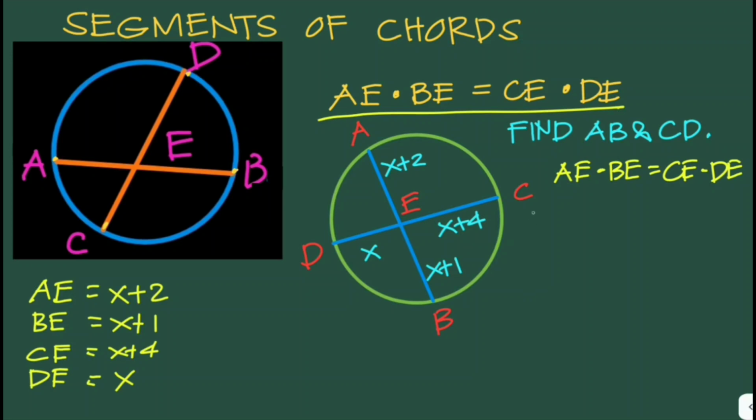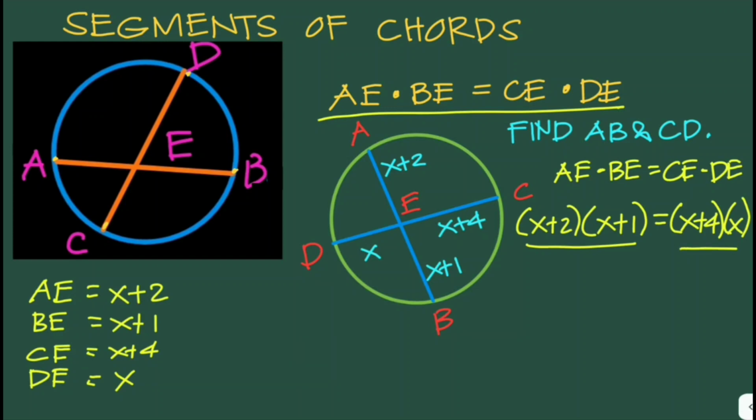So our AE is x plus 2 times BE, which is x plus 1, equals CE, which is x plus 4, times DE, which is x. We multiply and then we simplify. In this case, we use the FOIL method, and in this case, we use distribution.